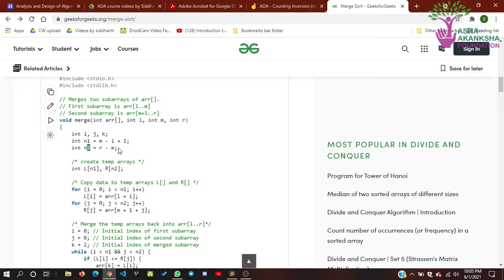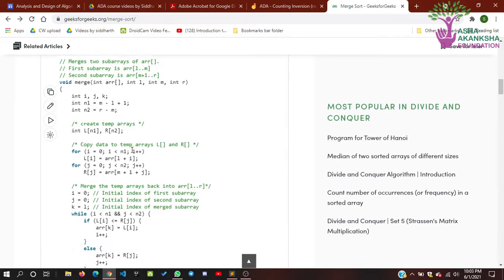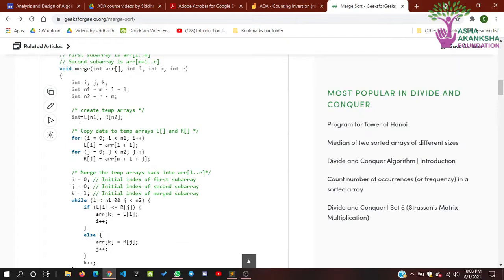This is the upper limit of the right half of the array. That is, n1 is the number of elements in the left half which is already sorted, and n2 is the number of elements in the right half which is already sorted. We create two arrays of n1 and n2 size.